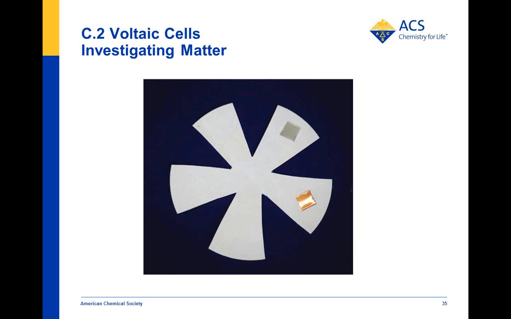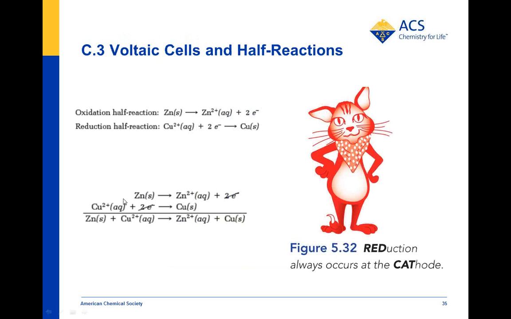Then we go on to section C3, and students are now being asked to analyze voltaic cells and half reactions. So they are looking at which elements are giving up electrons and which ones are taking them on so that the electrons can flow and generate that electricity.